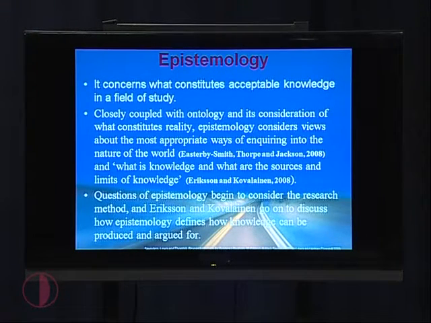What are the sources of this knowledge? To consider the research method, to discuss how epistemology defines how knowledge can be produced and argued, how science proceeds in acquiring new knowledge. The theory or science of the method or ground of knowledge. This is the epistemology according to Baleki.